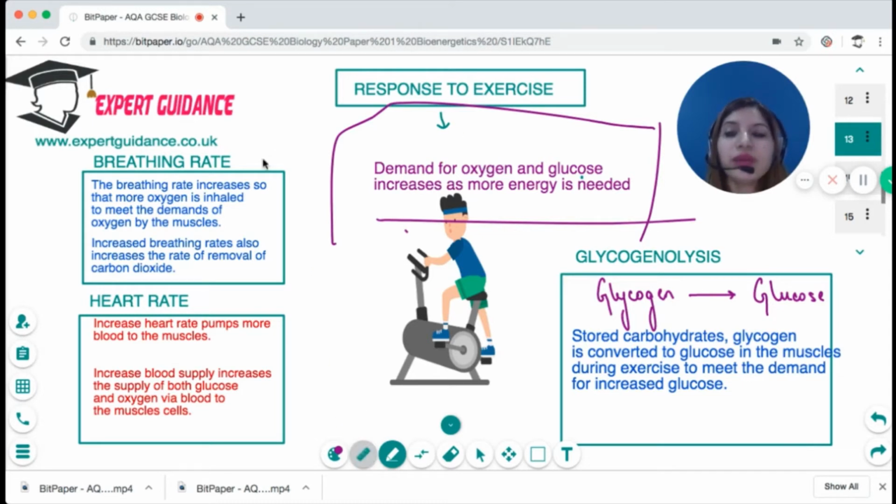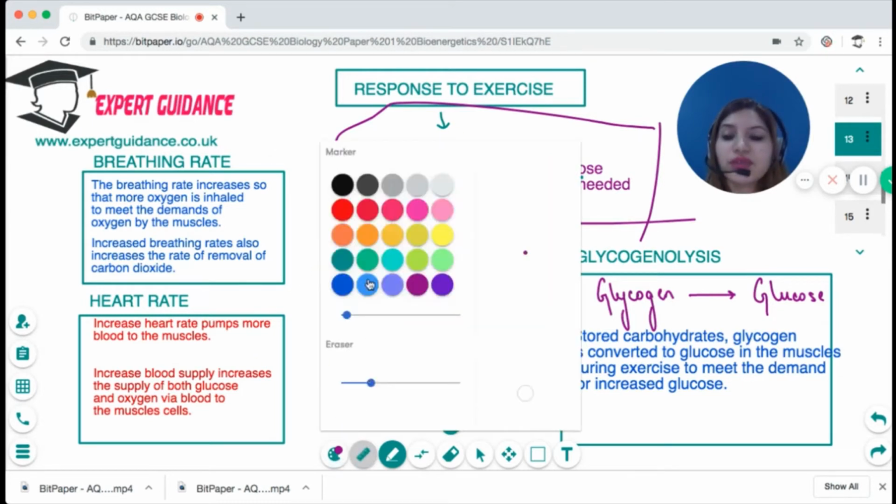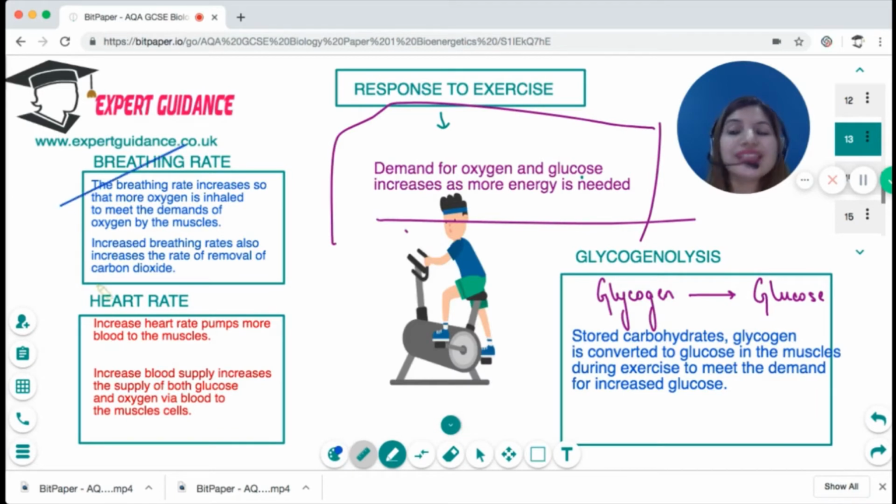So your breathing rate increases so that more oxygen is inhaled to meet the demands of the muscles. On the other hand, when you're exercising a lot, as your respiration rate increases, carbon dioxide is built up at a greater rate in your cells. So that also needs to be expelled out of the body, and that again happens via an increase in breathing rate.